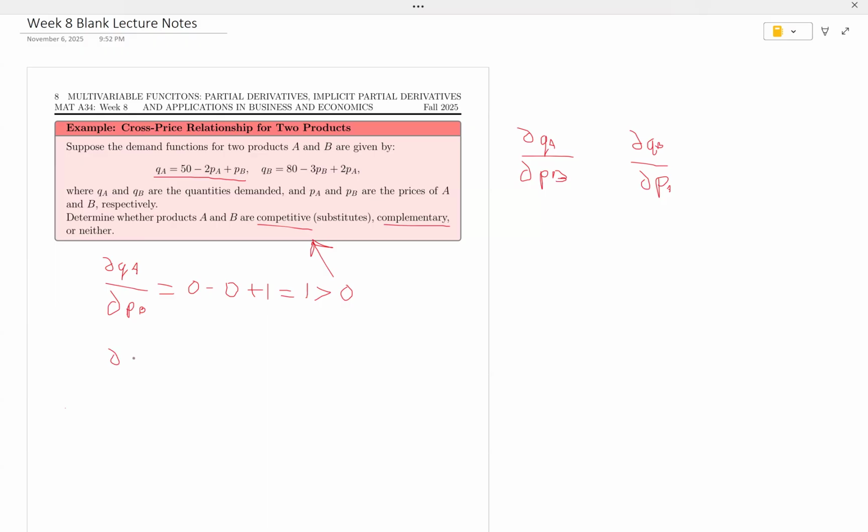So I'm going to take the partial derivative of Q of B with respect to P of A. And we get that this is equal to 0 minus 0 plus 2. And this is coming from our second demand function. Now this is equal to 2, which is also greater than 0.